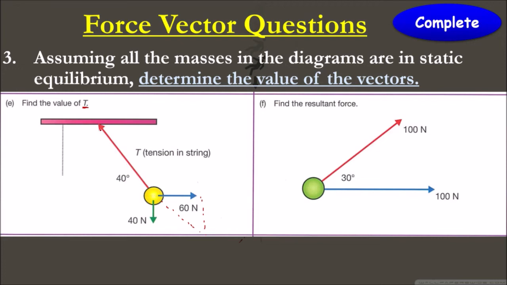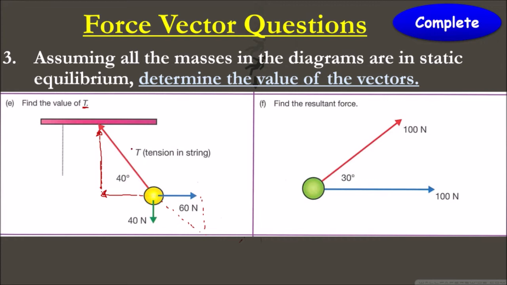But you can also imagine that the reason why we have a tension force is partly because it's balancing out this horizontal force here. So it has a vertical component that's pulling up here to balance this arrow here. Okay, and it also has a horizontal force pulling in this direction here to balance out this 60 here.